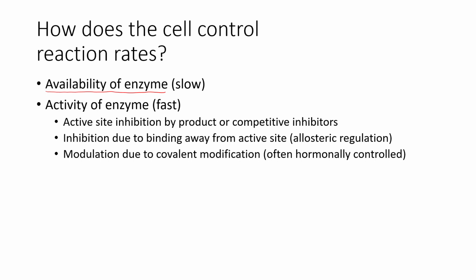And so this is a way that the cell can and does control reaction rates, but this is a relatively slow process. So let's consider what the cell would need to do to make more enzyme, right? It would have to use the gene that encodes the enzyme. It would have to transcribe that DNA into RNA, and it would have to translate that RNA into protein.